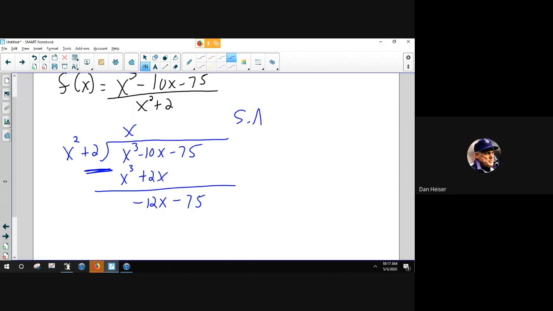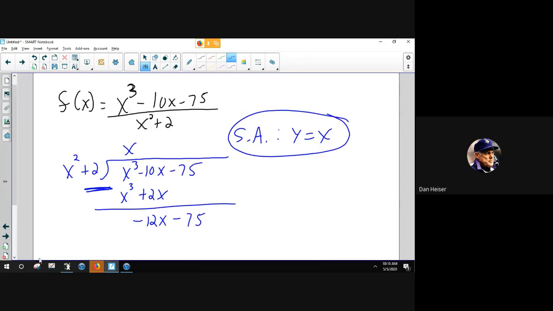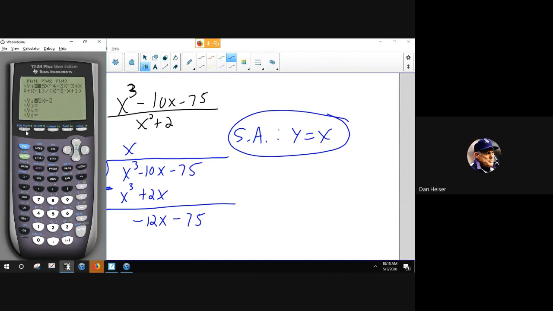Slant asymptote is y equals x for this problem. Let's see if we can graph this one.